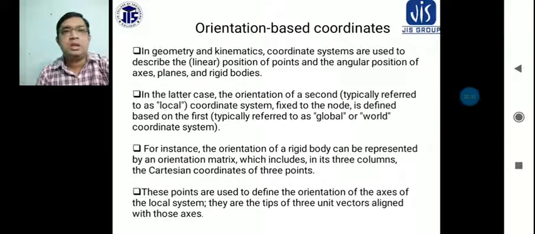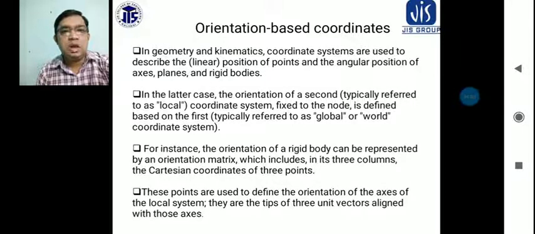And orientation-based coordinates: in geometry and kinematics, coordinate systems are used to describe the linear positions of points and the angular positions of axes, planes, and rigid bodies. In the latter case, the orientation of a second coordinate system fixed to the node is defined based on the first, considered as the global one.